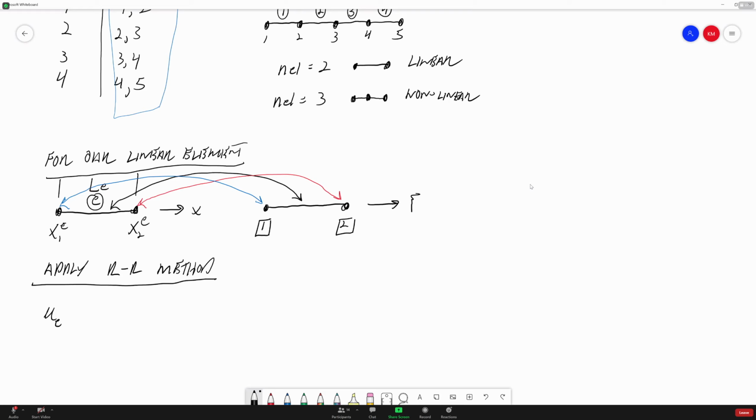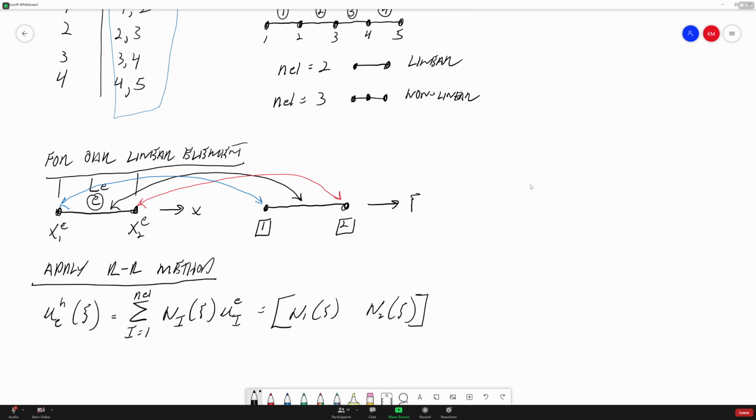And we get this u, our displacement of the element, to the e in xi space is equal to the sum of i equals 1 to n, N i of xi, u i to the e, which breaks down to N1 of xi, N2 of xi, and this is u1 e, u2 e. So I'm writing this a little bit different than what we did last time.